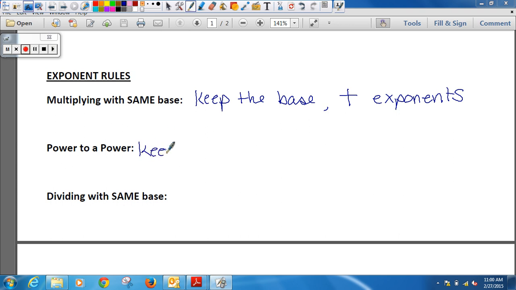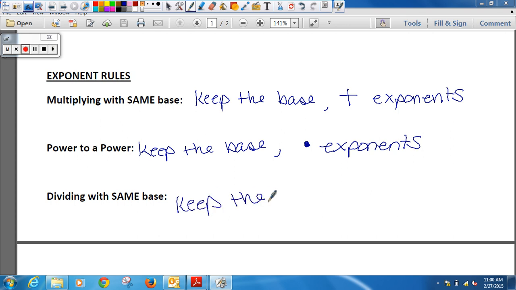Again, you keep the base, but this time you multiply the exponents. And finally, our division rule is, again, you keep the base because that's what they have in common, but you subtract the exponents.